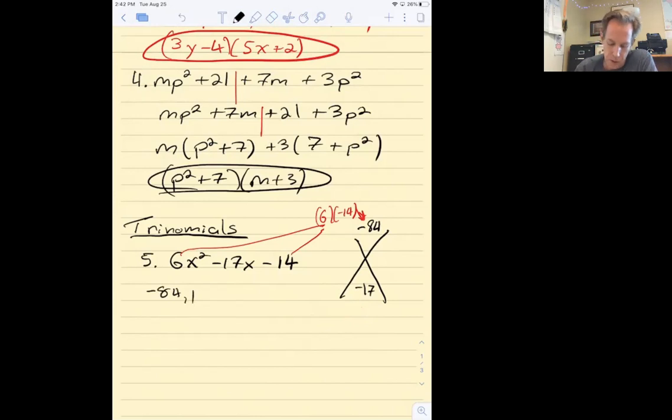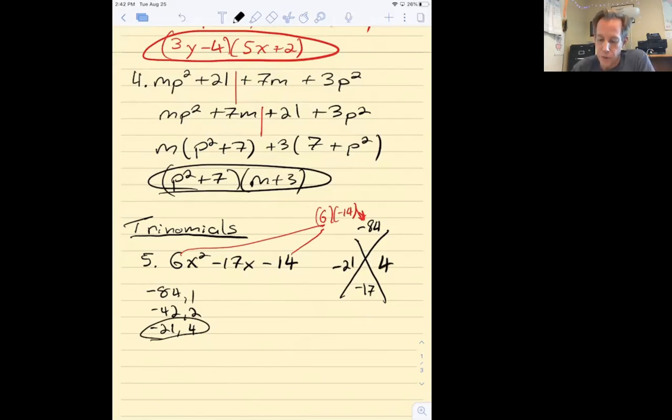No. Then you could try negative 42 and 2. 3 doesn't go into 84. We can take 84 divided by 4 to get negative 21 and 4. Those do add together to give us negative 17. So our two numbers are negative 21 and 4.